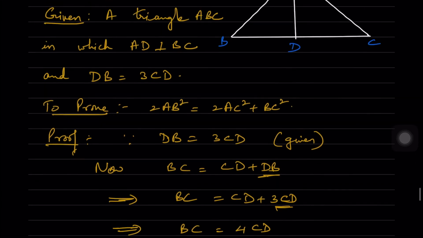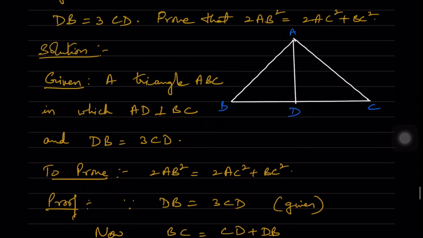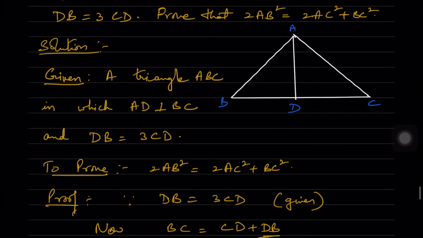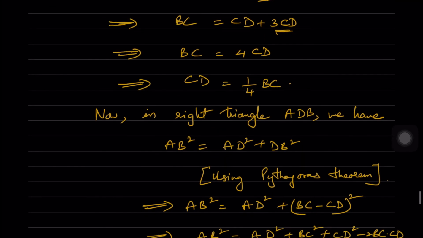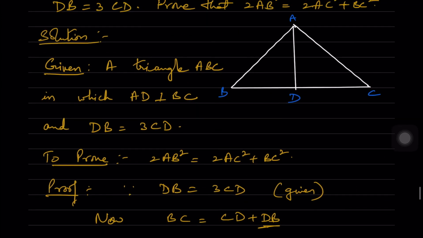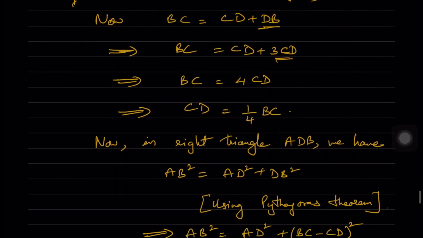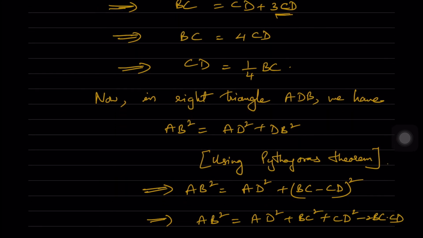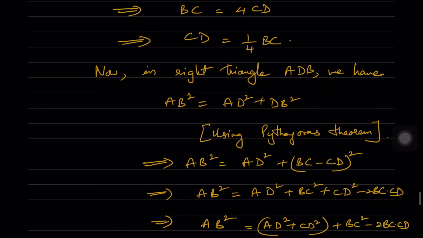So in right triangle ADB, AB square is equal to BD square plus AD square by using Pythagoras theorem. AB square is equal to AD square plus DB, which can be written as BC minus CD, whole square.